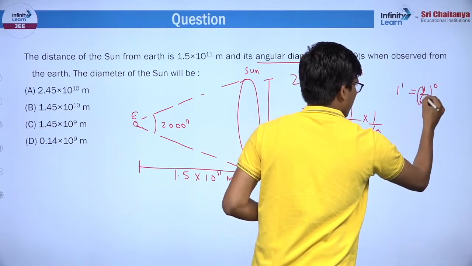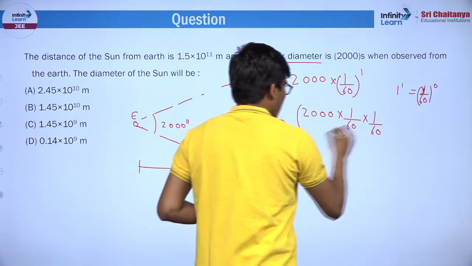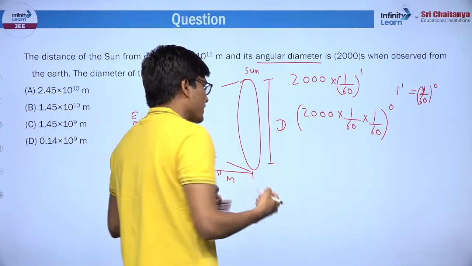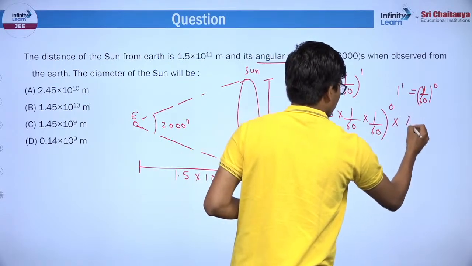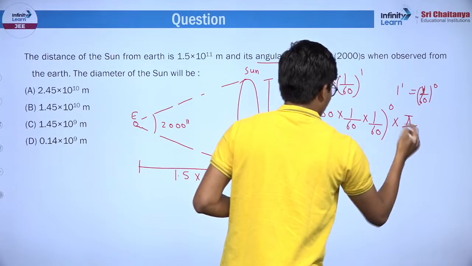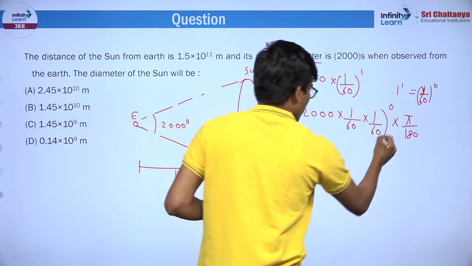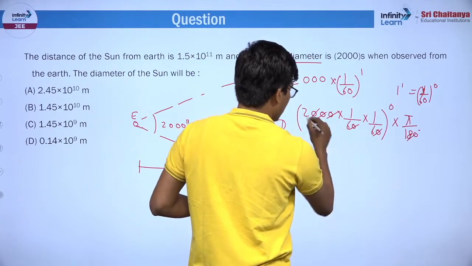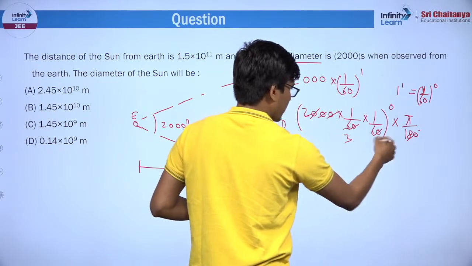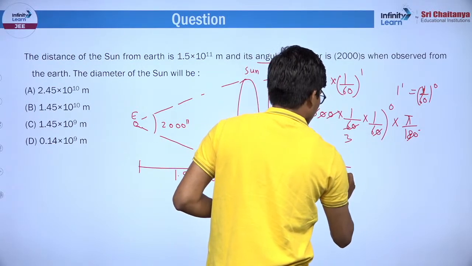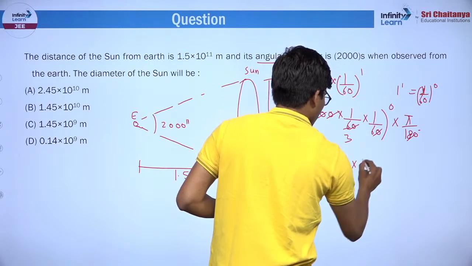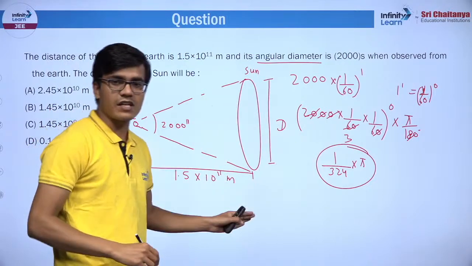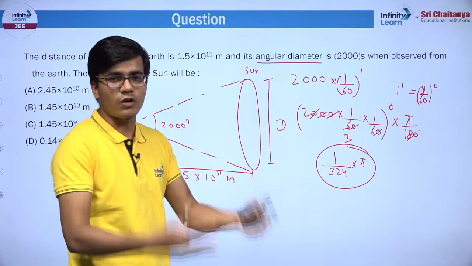This whole answer is in degrees, but the SI unit of angle is radian, so we multiply this whole term with pi by 180. You can see these 30 will get cancelled, and this is pi by 324 radian. This much radian angle is subtended by this diameter at the point on the earth.